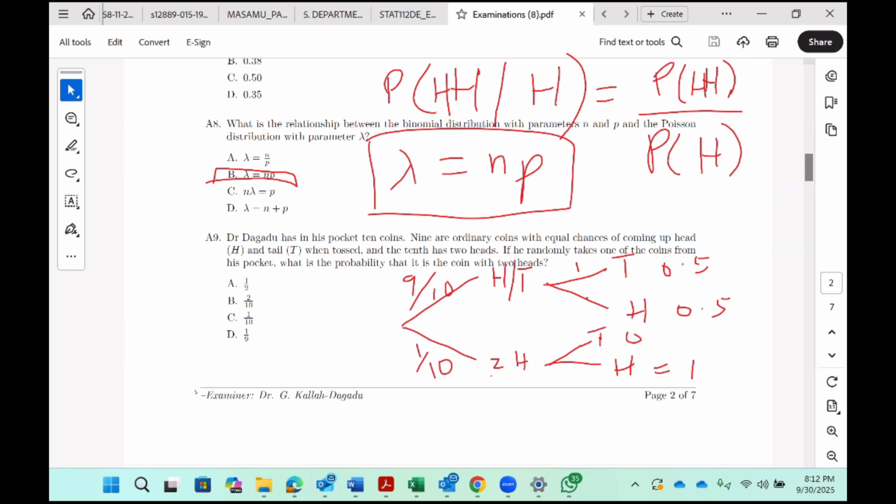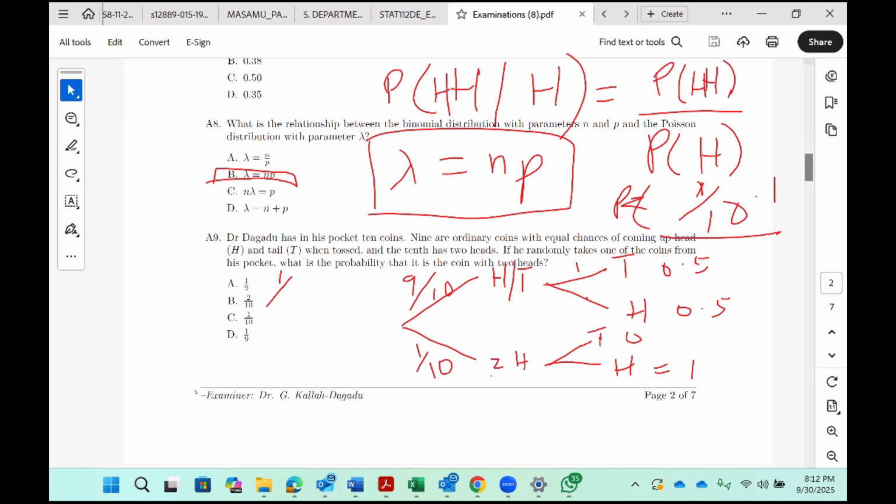So you have P, that's 1 times 1 over 10. 1 over 10 times 1, which is 1 over the probability that it is what? 0.5 times 0.9.